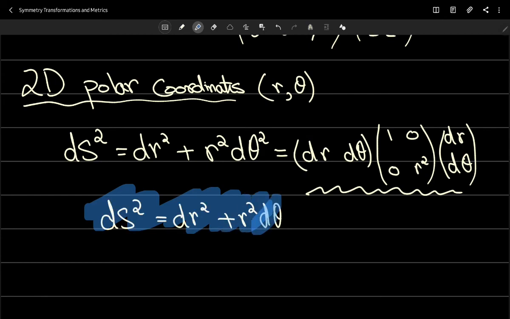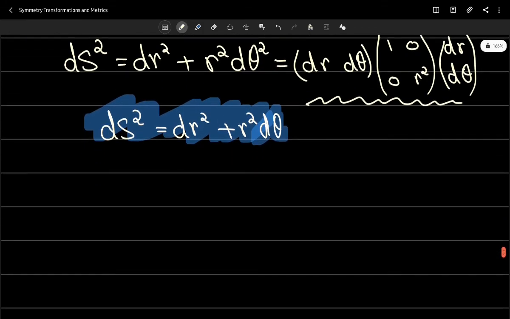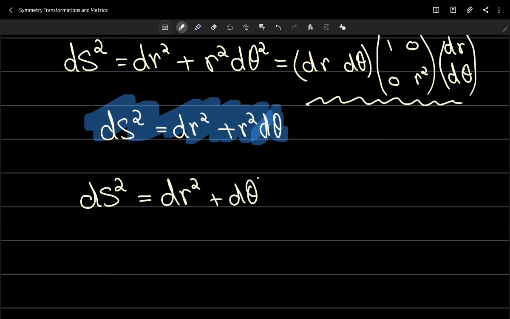Now here, note that if you had only tried to use the coordinate differences, what you might have written in that case would be something like ds squared equal to dr squared plus d theta squared, right?